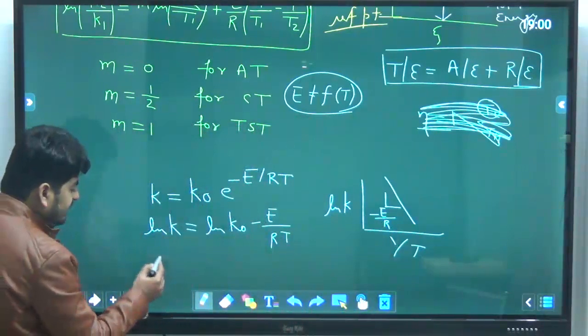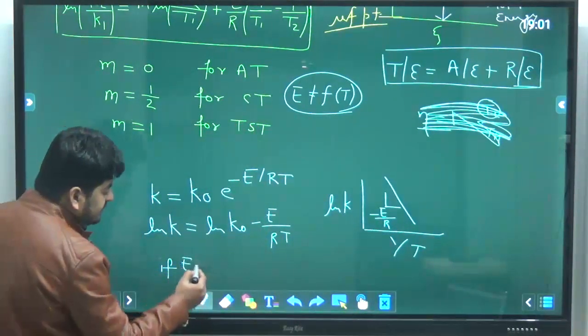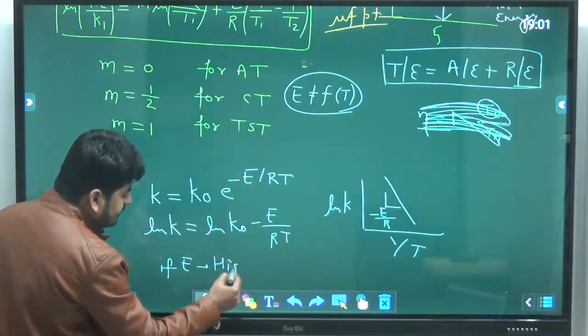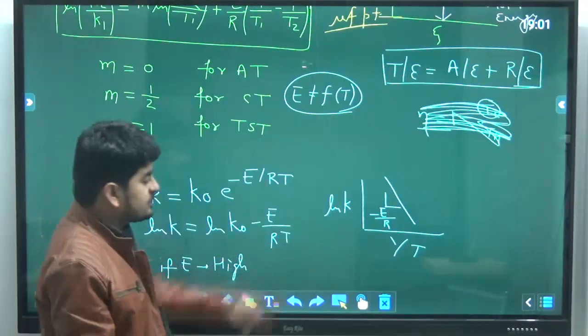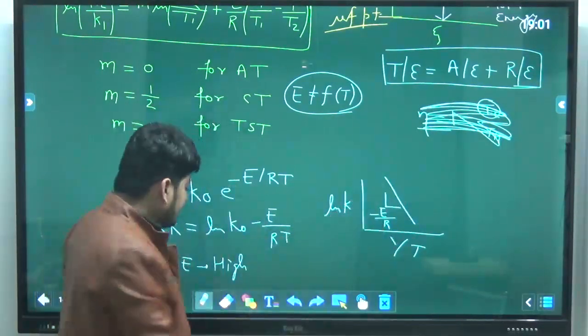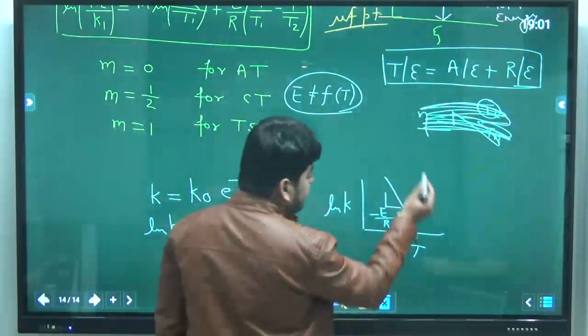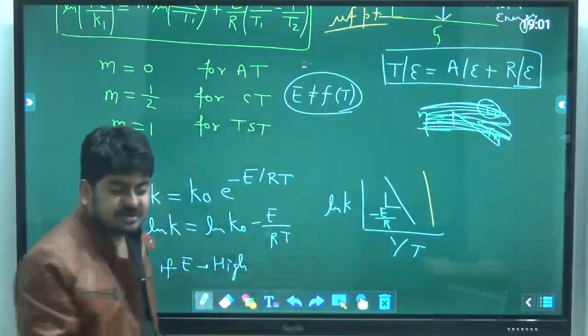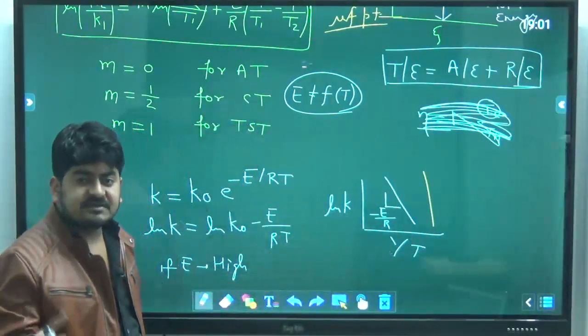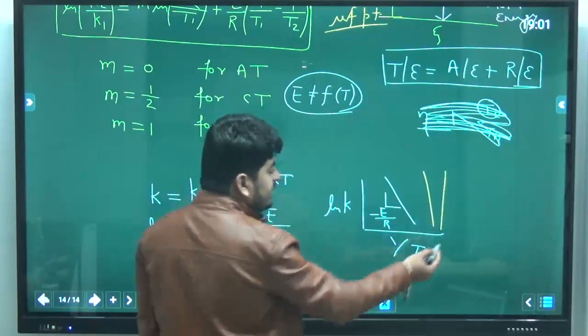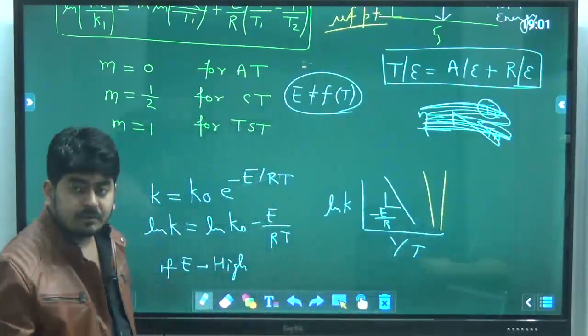So you can see that if activation energy is high, then obviously the slope of the curve will be high as well. The curve will become more steep. And if activation energy is infinite, it will be a vertical line. I hope you know that.